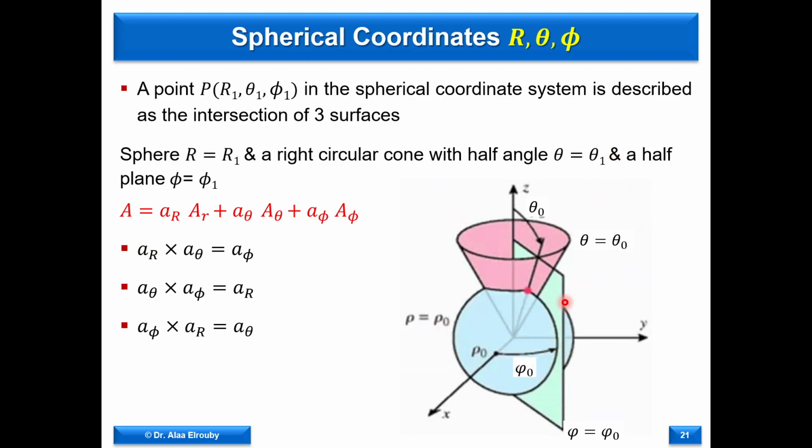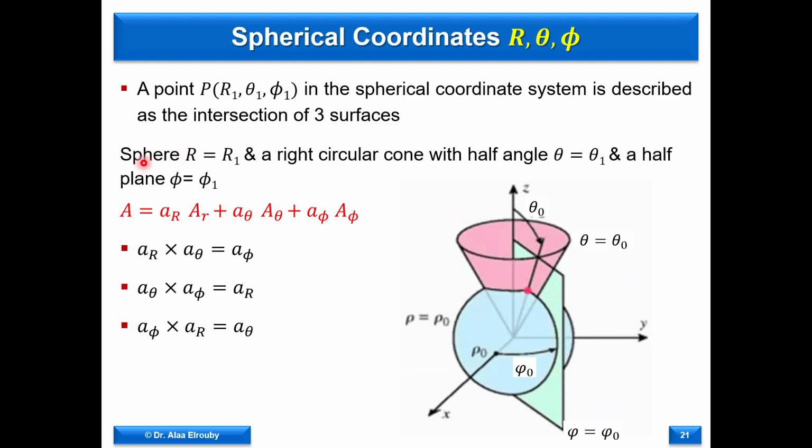A phi is like, if this is the point, A phi would be in that direction, tangential to this arc, and this arc is on the intersection between the cone and the sphere. Also here it's very useful to know the intersection between the three surfaces.